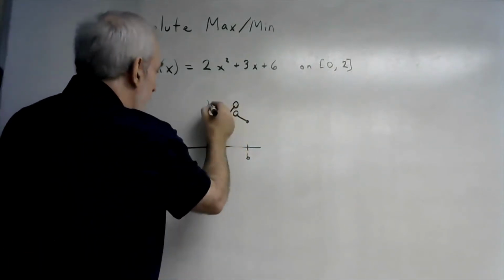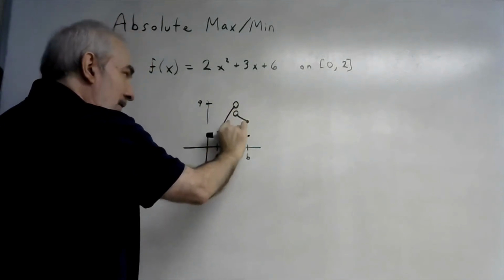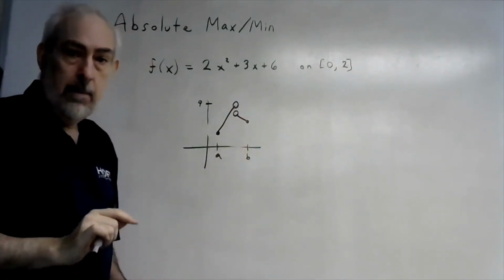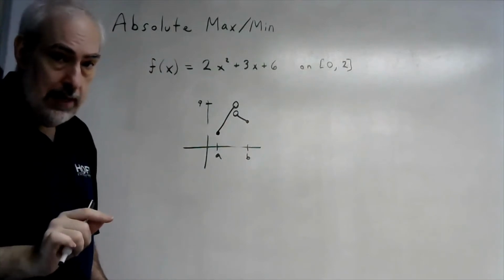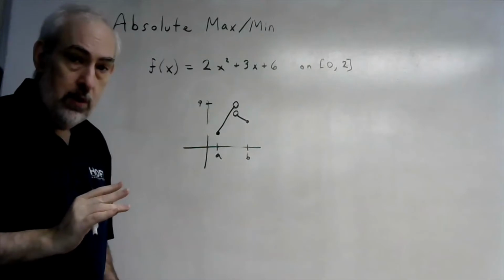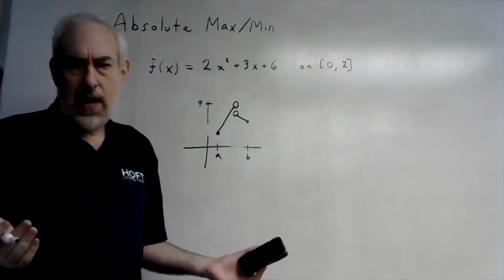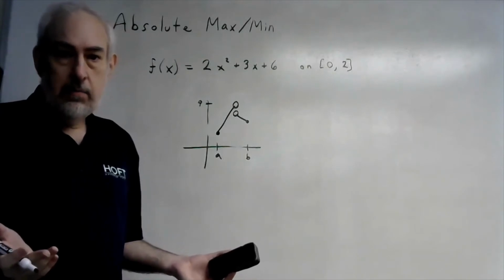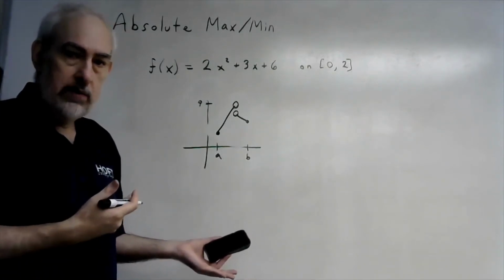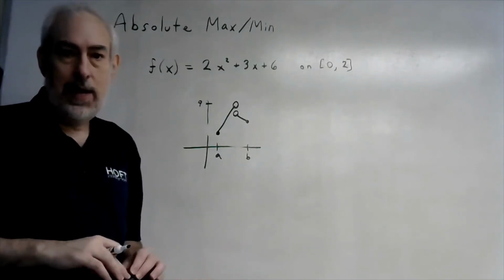That means the function may be approaching a certain value, like maybe 9, and it gets closer and closer to 9, but it never actually reaches 9 because I didn't fill in the open circle. Therefore, there is no absolute maximum. Someone might say we have an absolute maximum of 9, but show me where the function is equal to 9. It's never equal to 9, so you can't say that 9 is the absolute max.